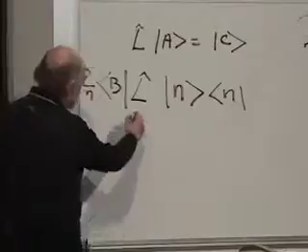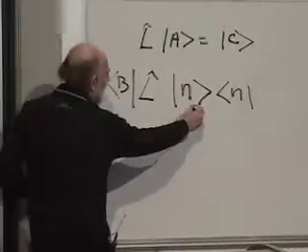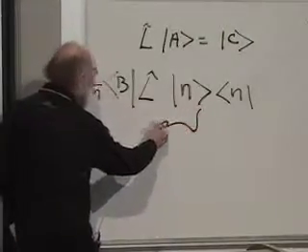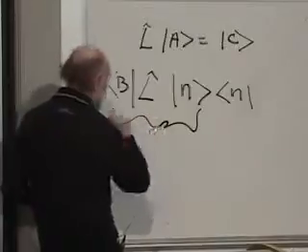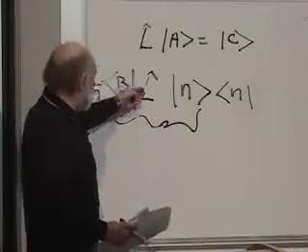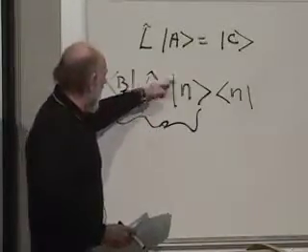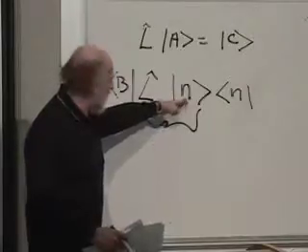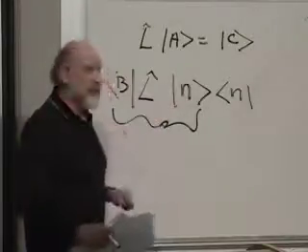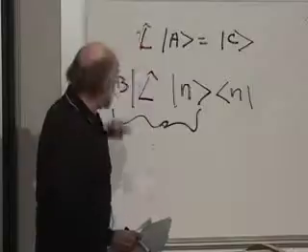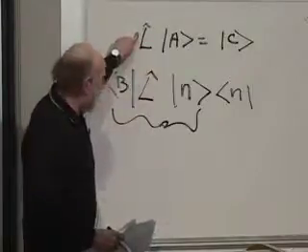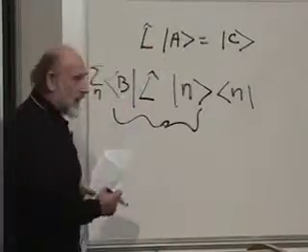Okay, but now I can define this object over here in the obvious way. Let L act to the right on a ket vector. We know how L acts on every ket vector. That's implicit in the definition of a linear operator, that we know how it acts on any ket vector.